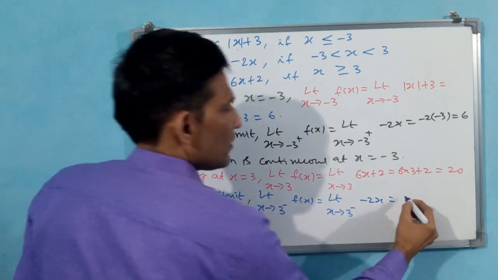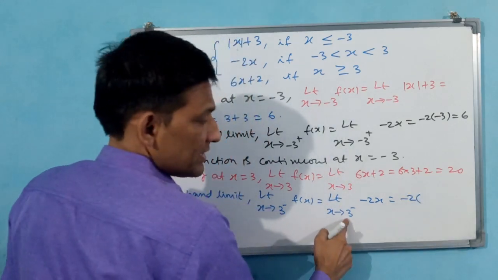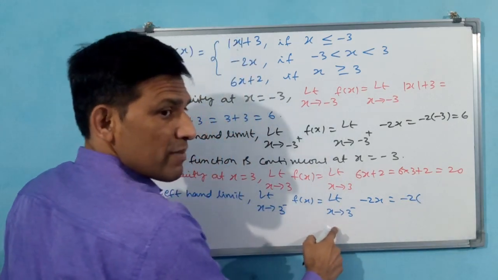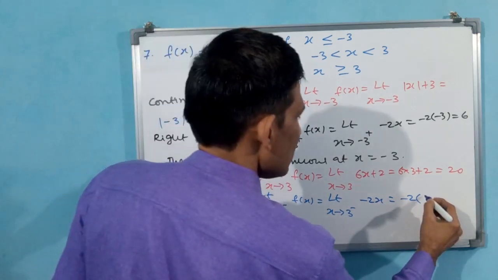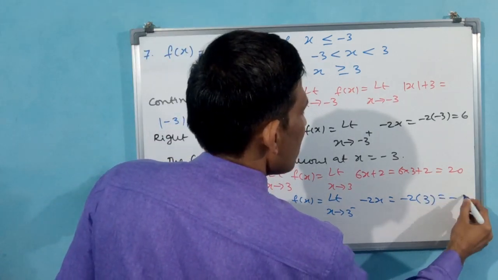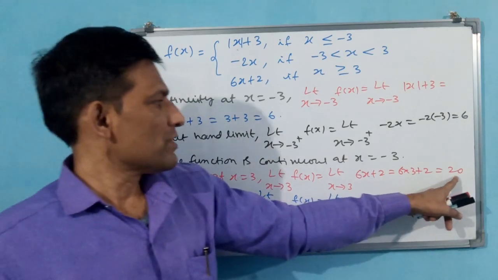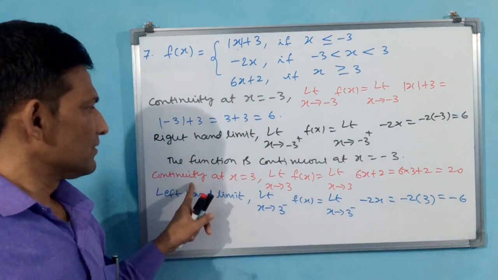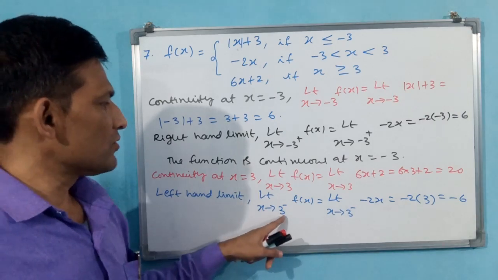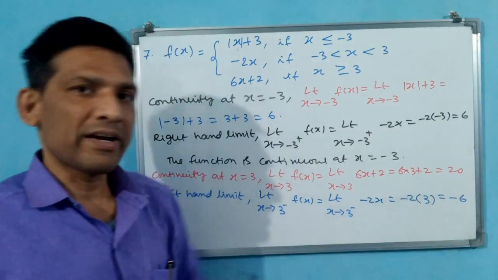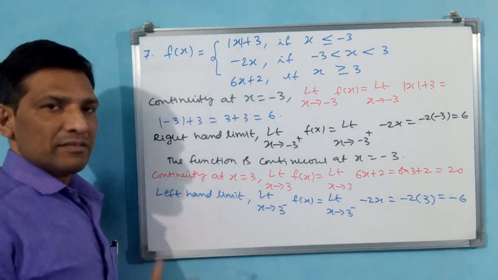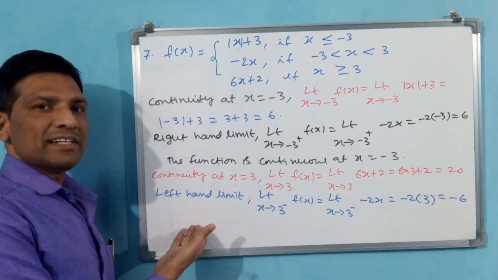That is equal to minus 2 into x is 3 here. 3 minus means not minus 3. This is 3 minus. Okay? 3 minus, 6. Over. 20 has come at x is equal to 3. At x is equal to 3 minus, 6 has come. Both are different. That means the function is discontinuous at x is equal to 3.